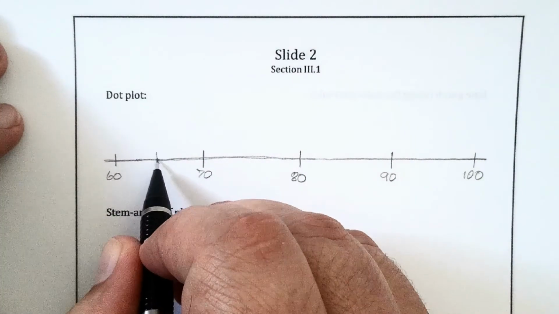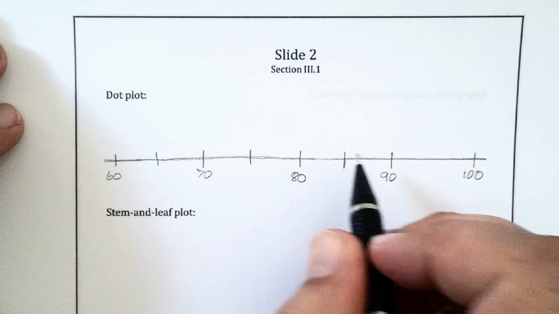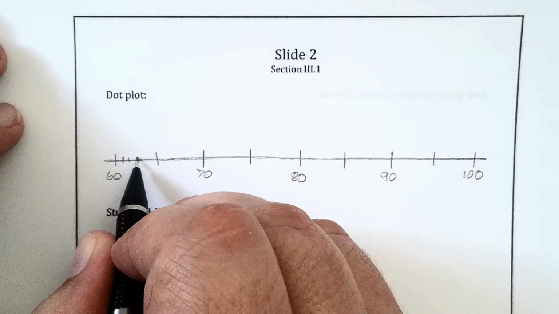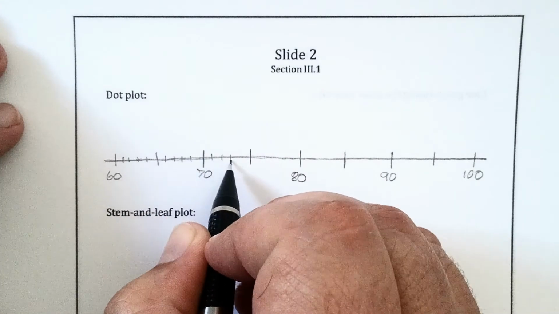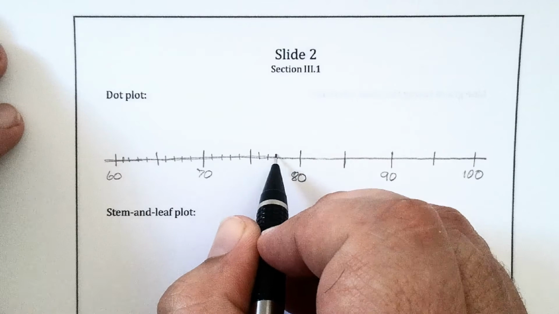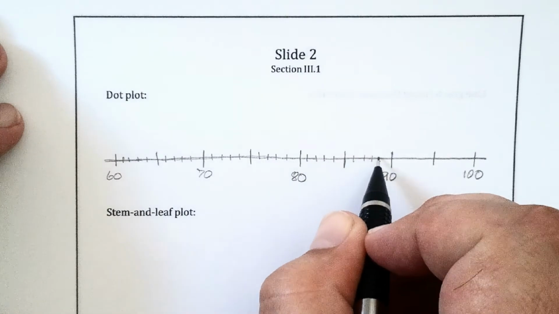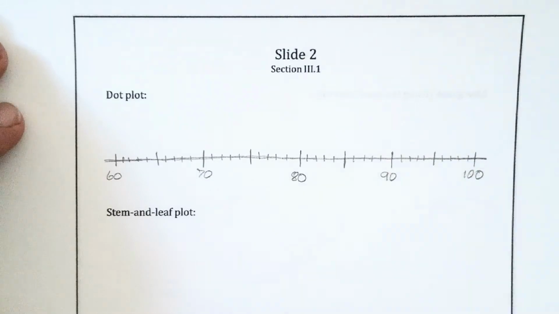And I want to mark all of the numbers in between here. So let me make the 5s kind of big also, and then we'll put 4 little tick marks between each of the 5s. So I want a tick mark for each point, not just the numbers that happen to be in the data set. Okay, so we obtain this number line.